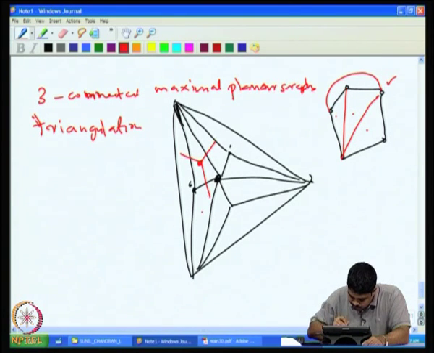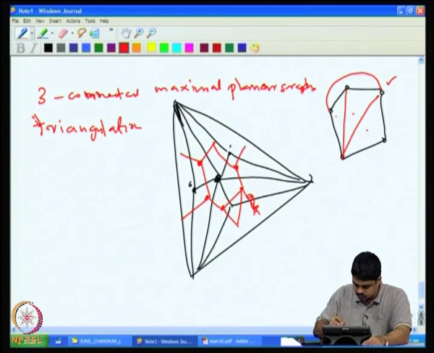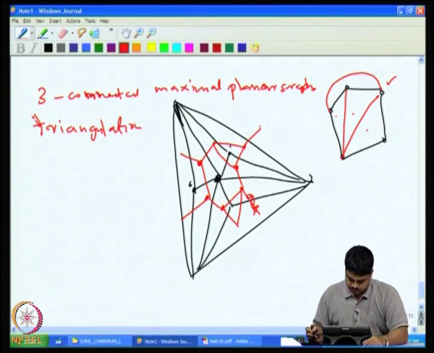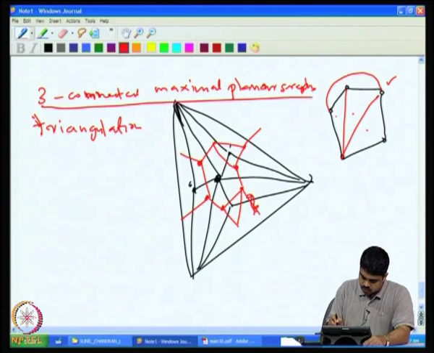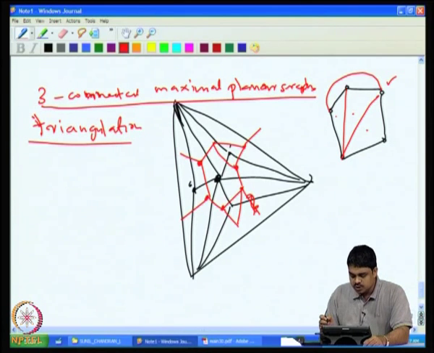So every vertex is going to have degree 3 now, right? The dual is going to be a cubic graph.